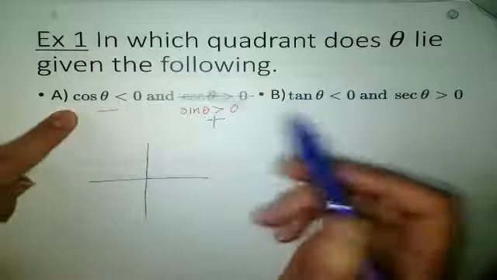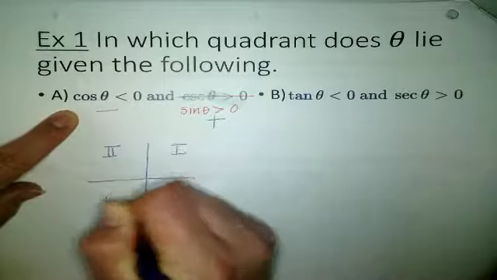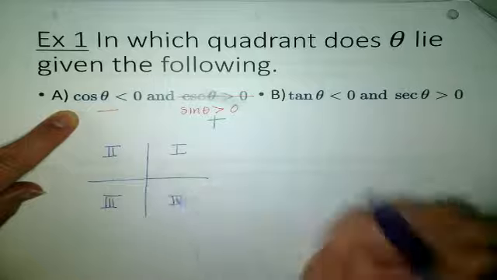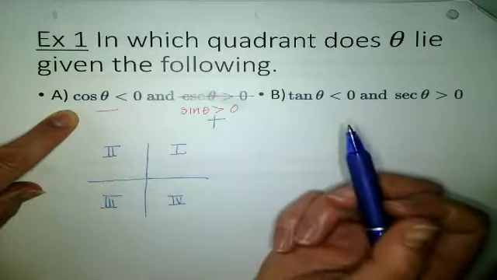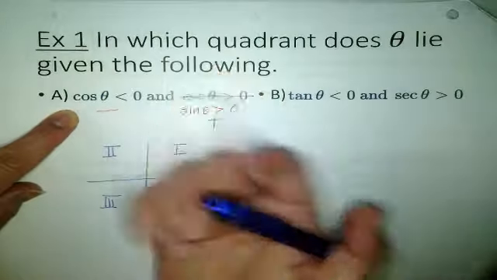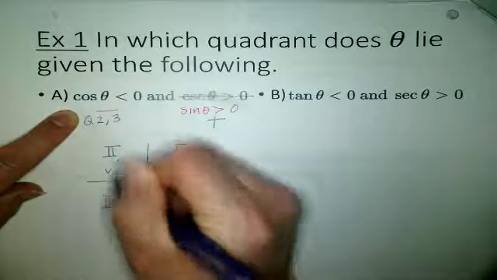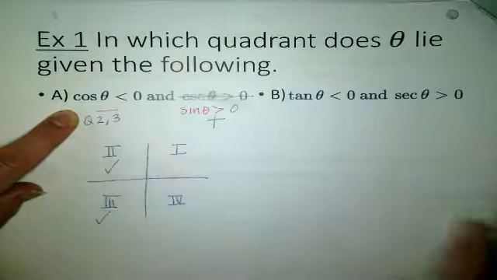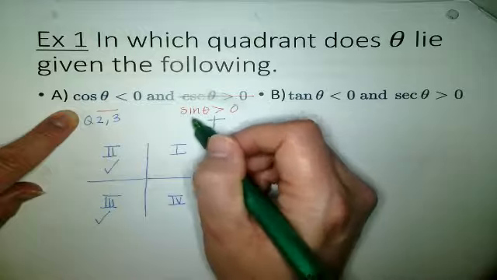And I know that cosine is negative. Cosine are the x values, and x values are negative in quadrants 2 and 3. So that's here and here. And sine is positive. Those are y values.